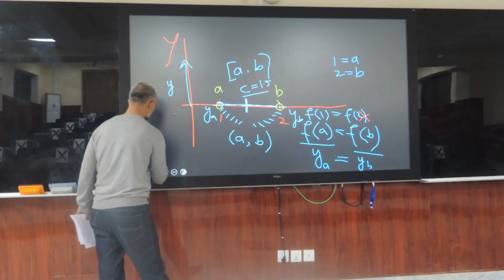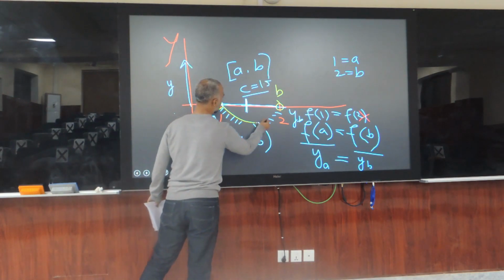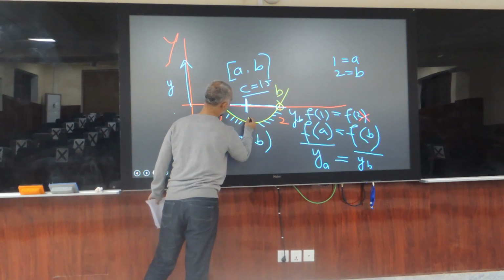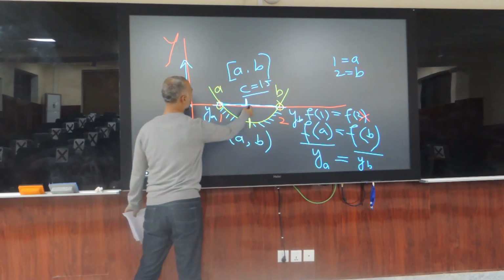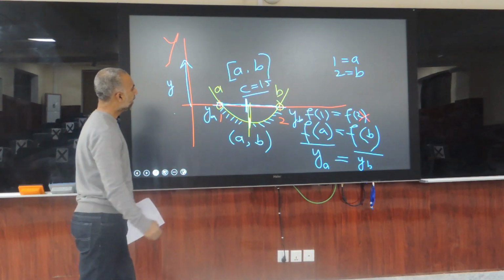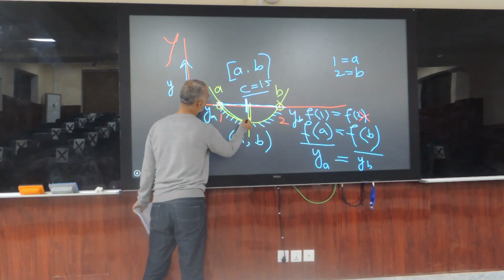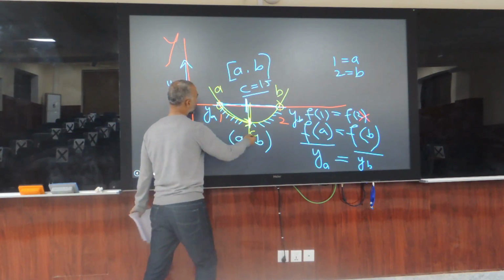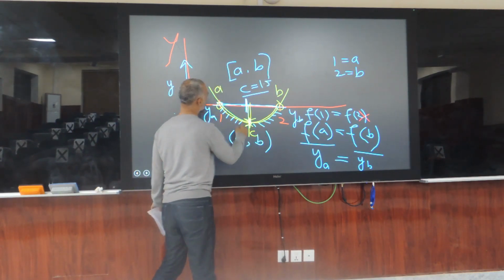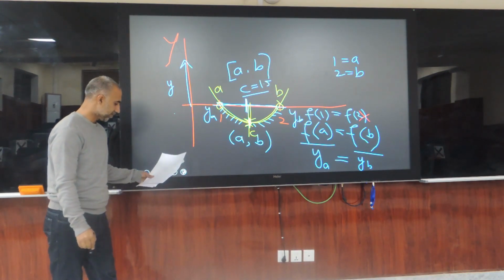At this point C equals 1.5. If you start from here to here, you are covering the same distance to reach there. So C is the midpoint between A and B.